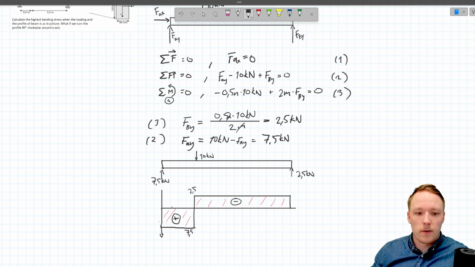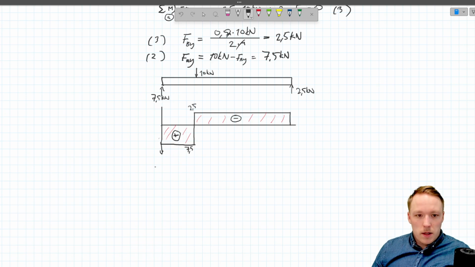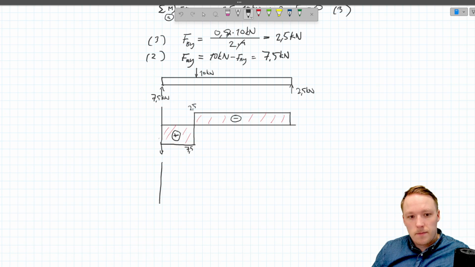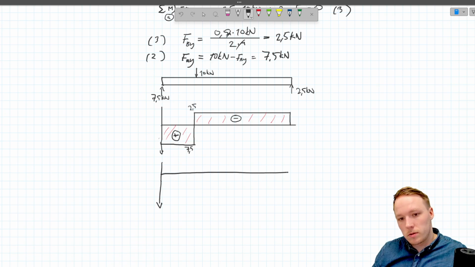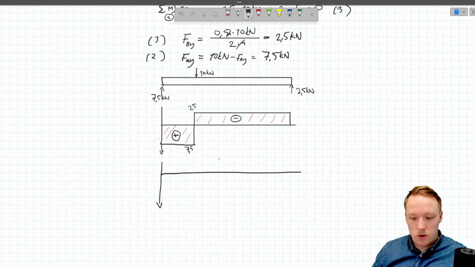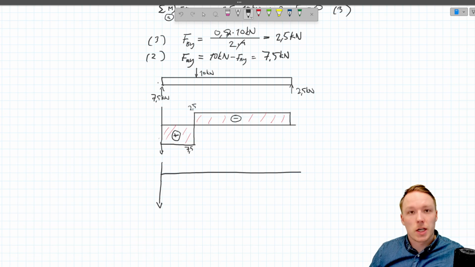Okay, after that we can easily draw the bending moment diagram. So let's draw it in here. So at the beginning we have a hinge type support, which means that we don't have any bending moment at the beginning of the profile.